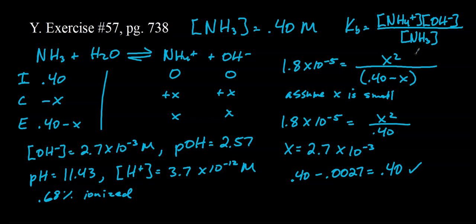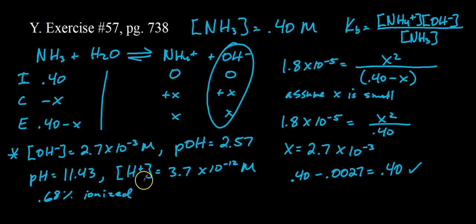We get 2.7 times 10 to the negative third. So be careful. X is our hydroxide ion concentration. So now I'm over here with our answers. Take the negative log of that to get the pOH. Subtract that from 14 to get the pH.